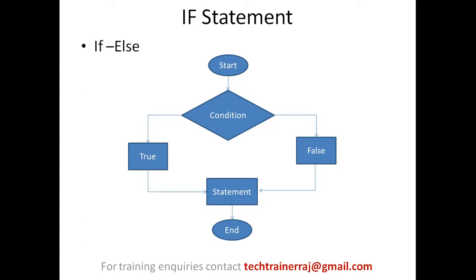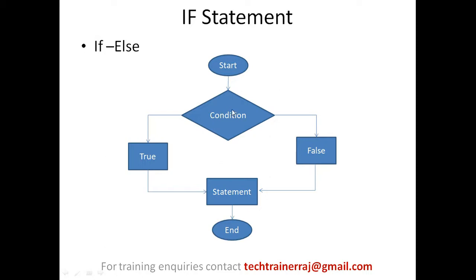In if statement, an execution starts and it checks for a condition and it follows 2 paths. One is true path and the other one is false path. That is, if the condition is true, then it is going to follow the true path, and then executes the statement and comes to an end.